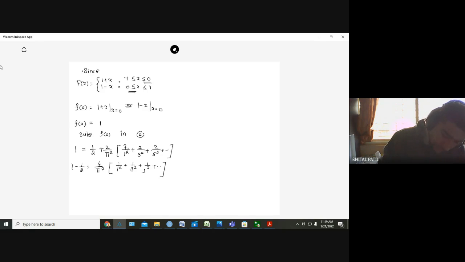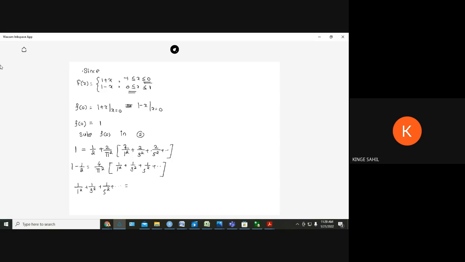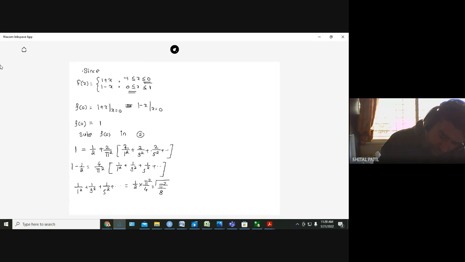So pi square by 8. Yes, the sum of the series is pi square by 8.